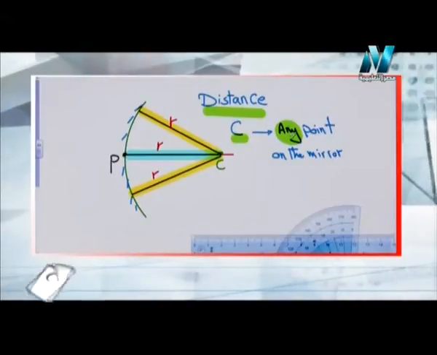Okay? Yes, Mr. I want to add an affirmation here. Because you make a great effort. What is the difference between the principal axis and the radius? Radius, as you said, is the distance between the center of curvature and any point on the mirror.